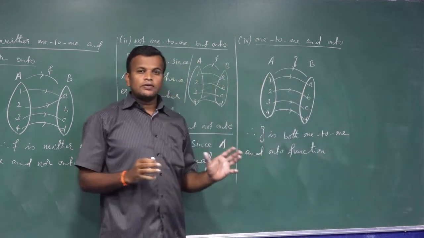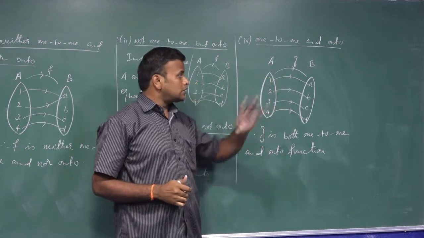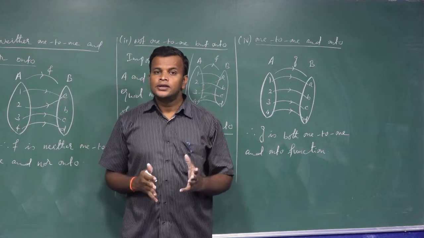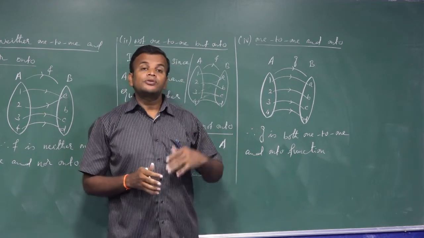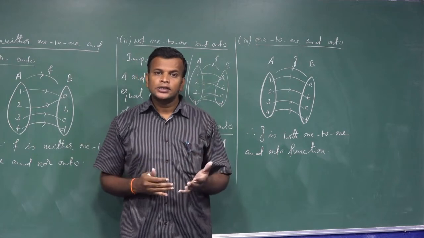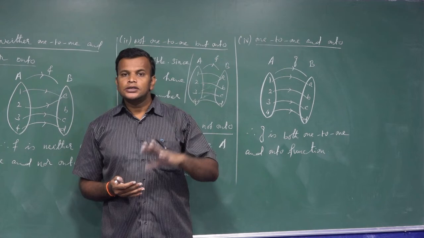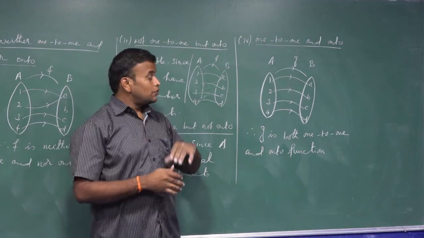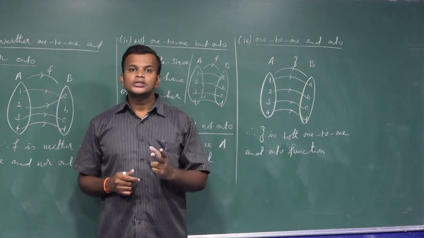So if you understand the concept of functions very well, all sums are very easy. First we understand whether the given relation is a function or not. If it is a function, then we check whether it is 1 to 1 or onto, or neither 1 to 1 nor onto. If it is not a function, we must tell the reason also. There are 2 reasons for not being a function.